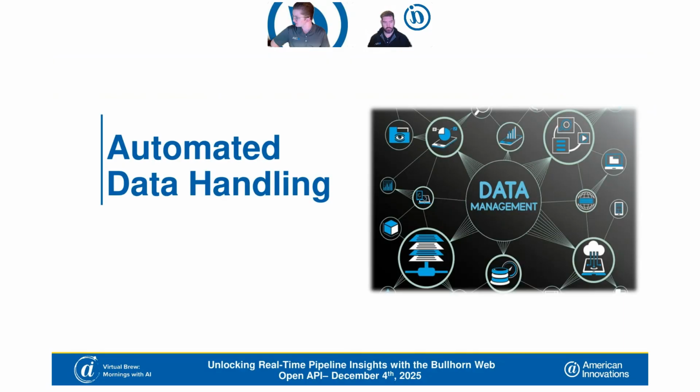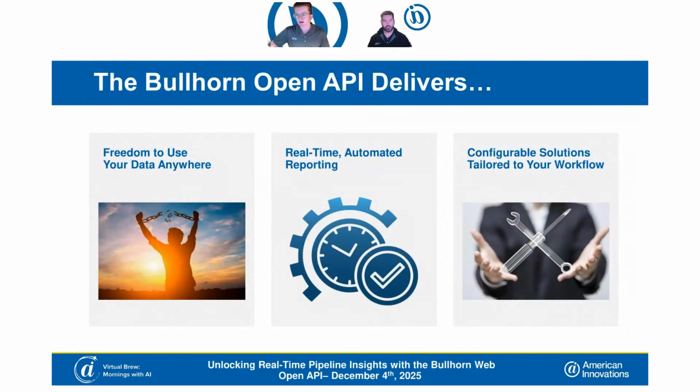And also, you've heard me say a lot about automated data handling. This API allows you to access that data at any place at any time. This data can be placed not just in Bullhorn Web, not just into your SQL database or your dashboard. You can put it anywhere now. Any platform that can consume an API can now receive Bullhorn RMU data in real time.